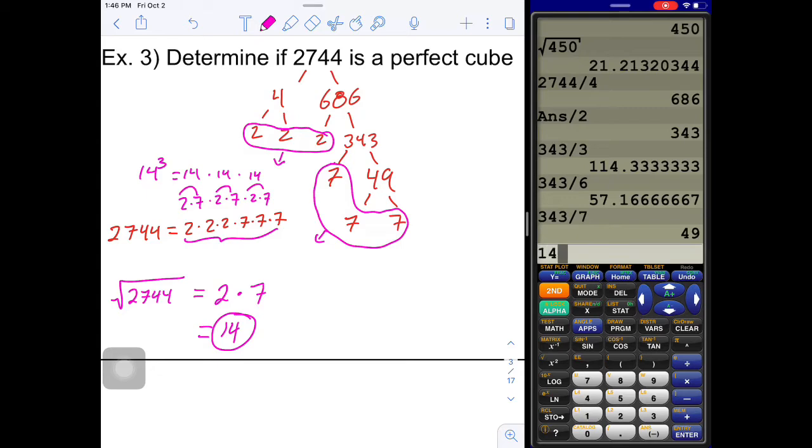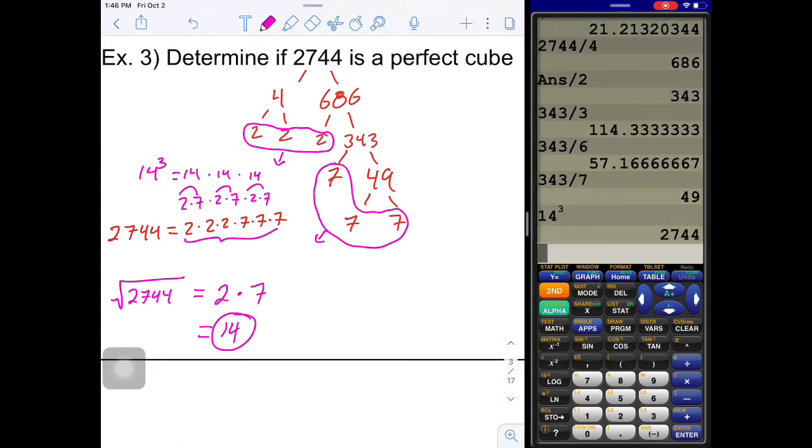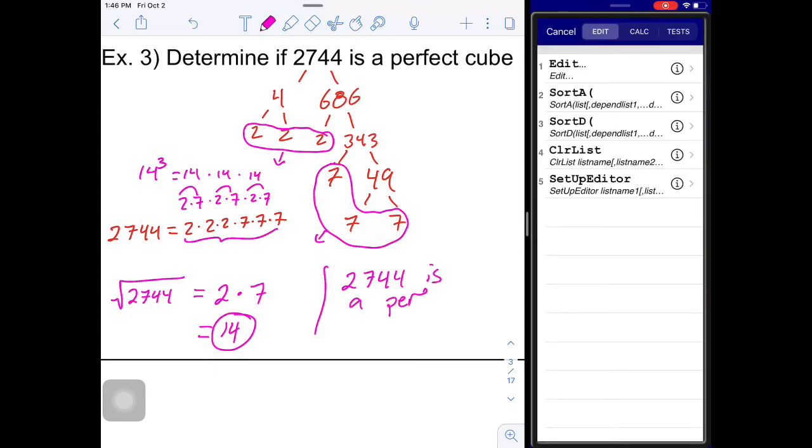So what we're really saying is 14 to the power of 3 gives us 2,744, which is what number we were looking for. Okay, so it is in fact a perfect cube. So 2,744 is a perfect cube.